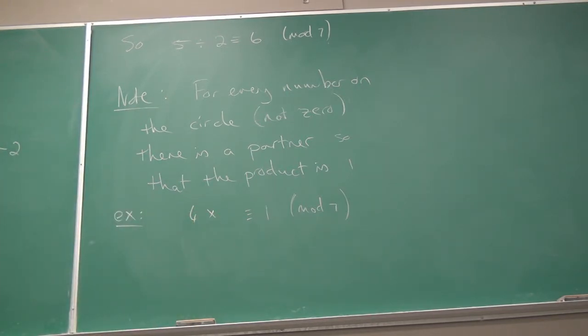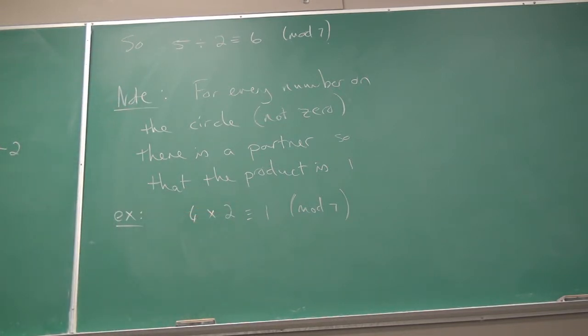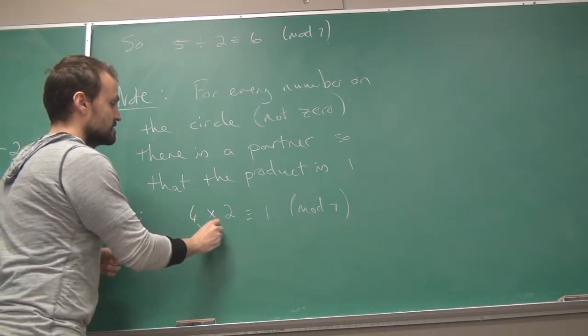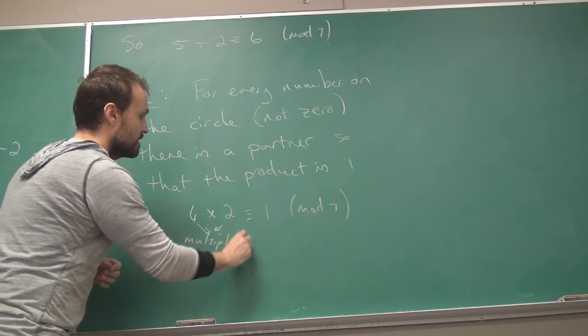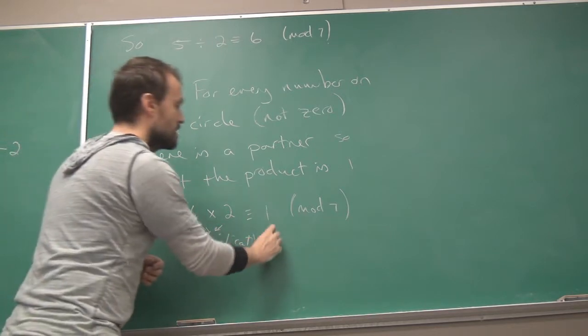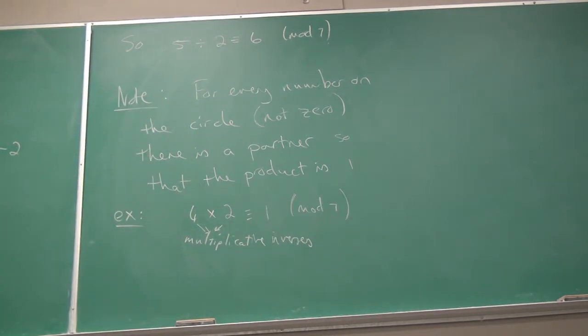What is 4's friend? 4's friend is 2, because 4 times 2 is 8, which is 1. So, we call these multiplicative inverses. Multiplicative, because I'm multiplying. Inverses, because they sort of cancel each other. But now the cancellation result, when it comes to multiplication, is 1.